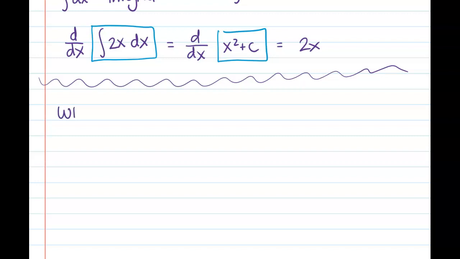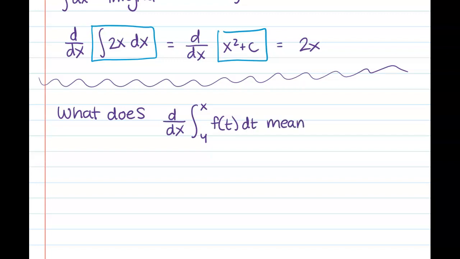So now, what does the derivative from 4 to x of f of t dt mean? Well, derivative is a rate of change, right?